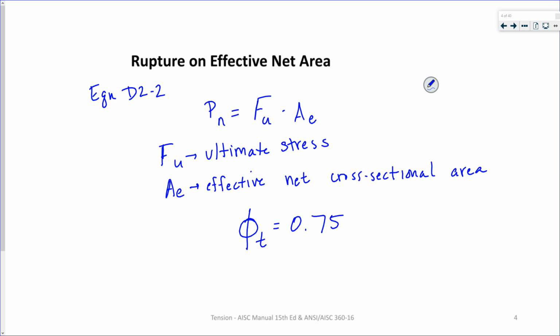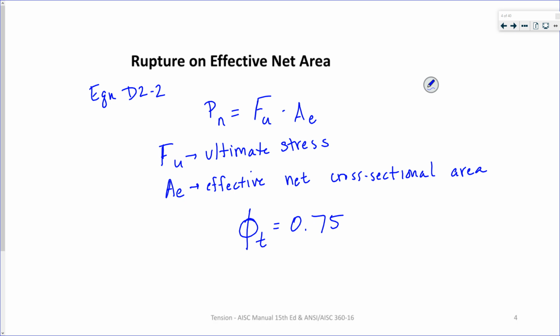So you'll notice that the phi factor for tensile rupture is 0.75, but the phi factor for yielding is 0.9. Any thoughts about why that might be? If you think about it, rupture is the thing actually breaking, and it's something you really don't want to have happen, right?